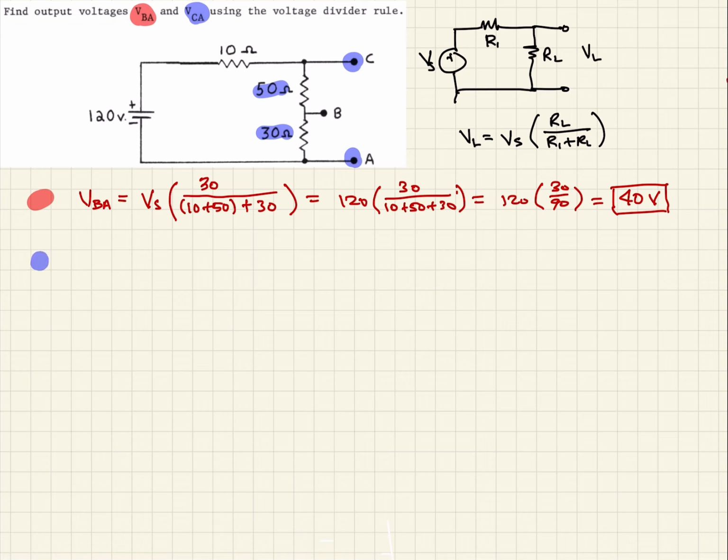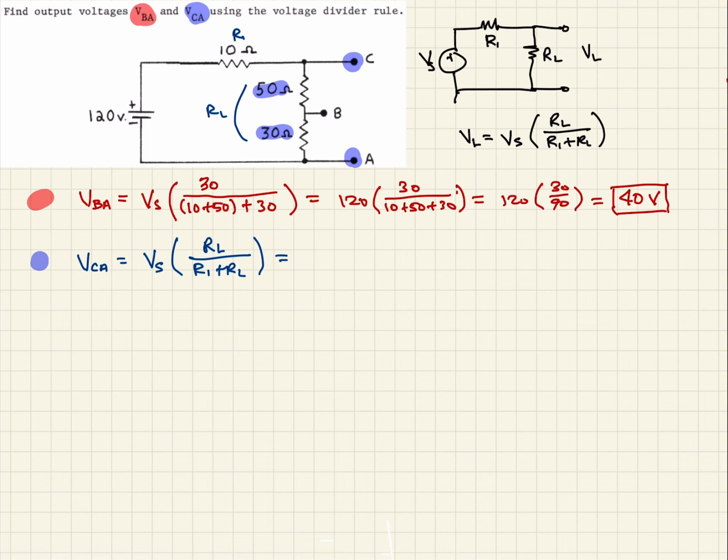So that changes up our calculation just a little bit. Now VCA is going to be equal to our supply voltage, and again, it's our load resistor over our R1 plus RL. So now this resistor alone is our R1, and these two together are our RL.